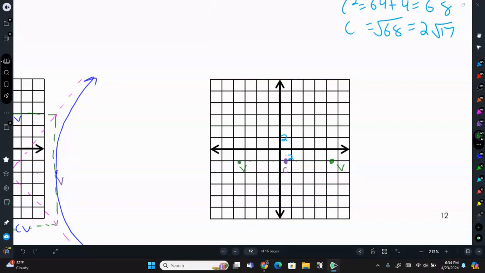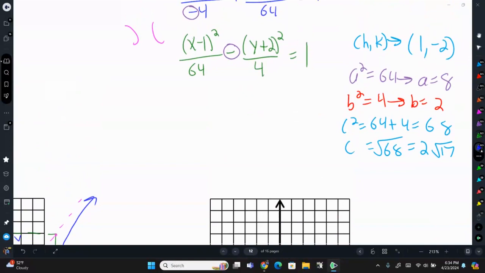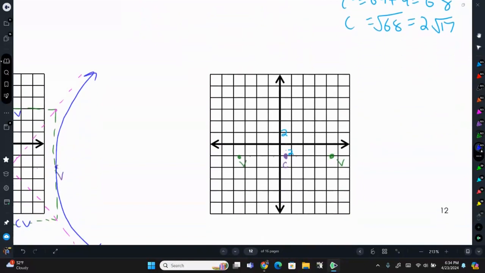There's another vertex. Our co-vertices are going to be up and down b units. B is 2. So we're going to go up 2, down 2. Those are co-vertices. And then I'm going to connect my rectangle through the vertices and co-vertices.